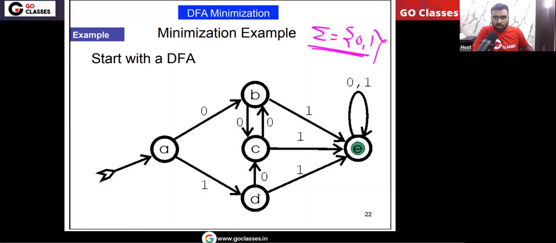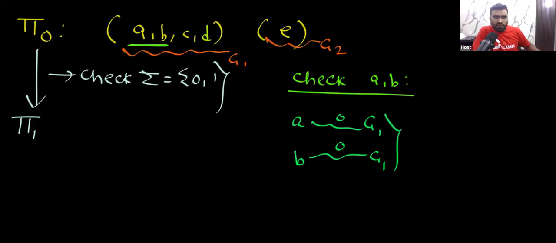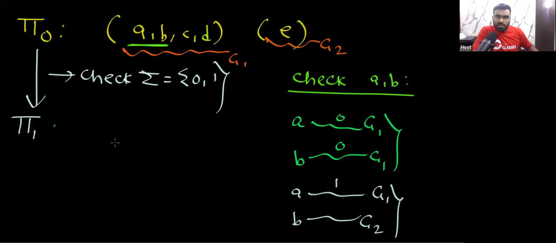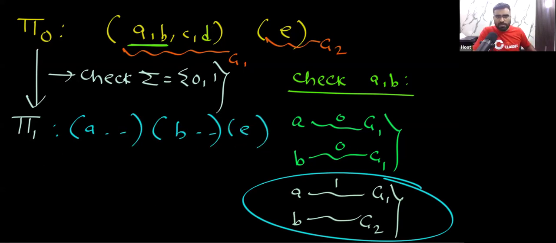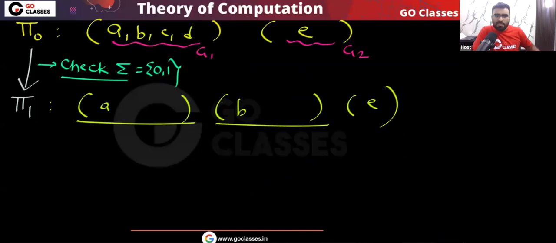So this is fine, but notice on 1, where are they going? On 1, A is going to group G1 and B is going to group G2. Because of this, A and B will be separated in this pi 1. So we have separated AB.